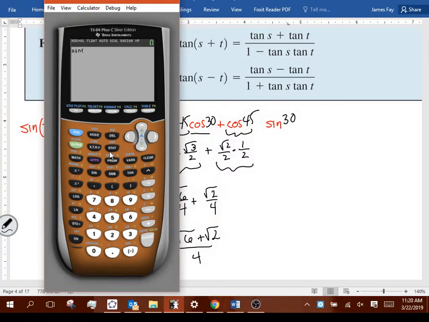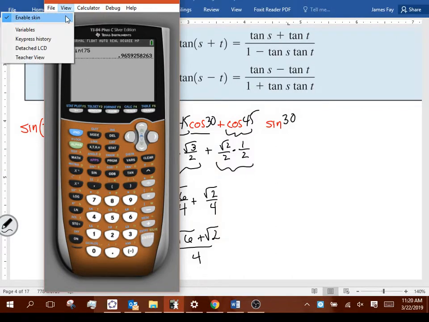Sine 75 gives you that decimal right there, 0.9659. Do you agree with that?